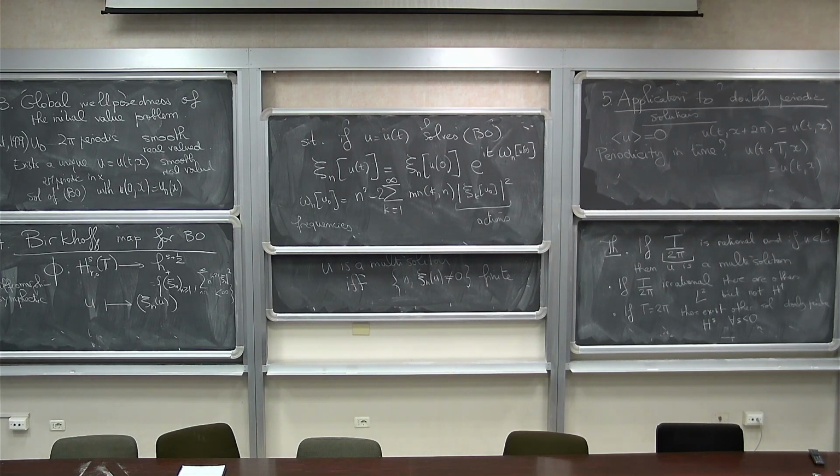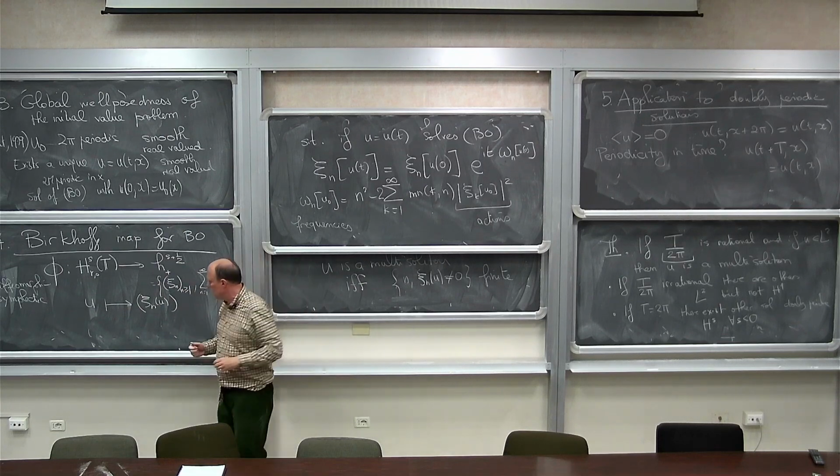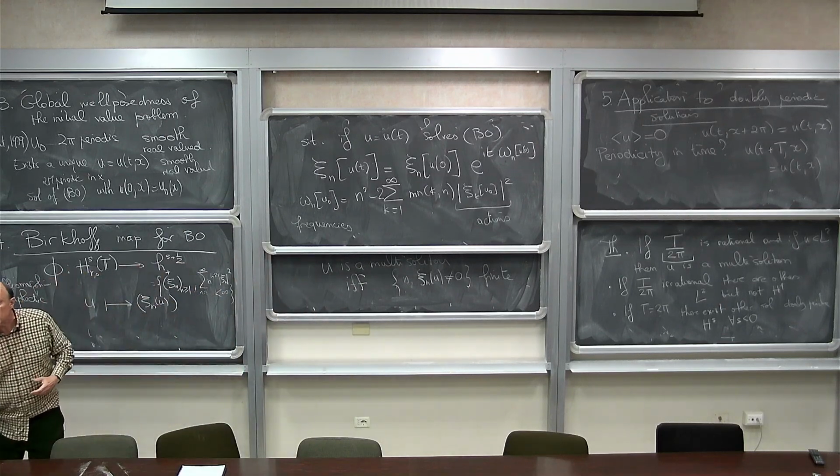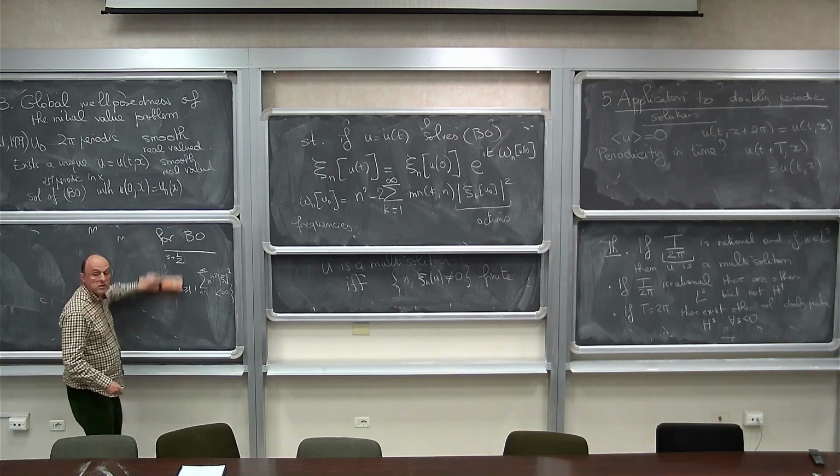Can you give an explicit expression for the Lax operator? Yes, of course. It was found by several authors, but in particular Ablowitz and Fokas introduced that in the beginning of the 80s.